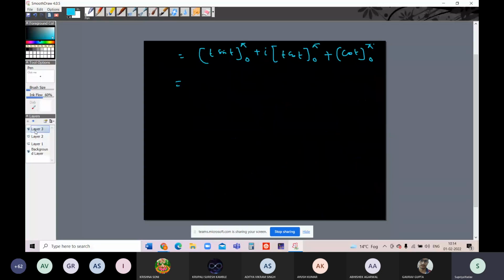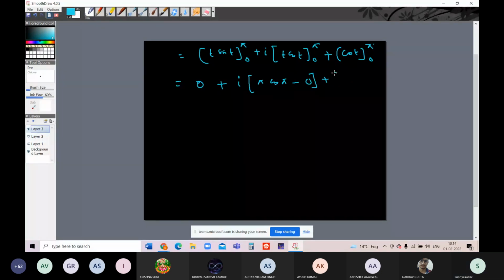Okay, so this term will be 0, plus iota pi cos pi minus 0, and this will be cos pi minus cos 0.